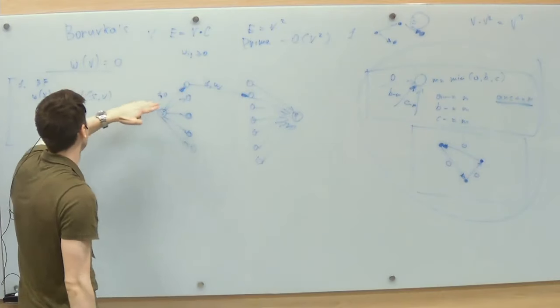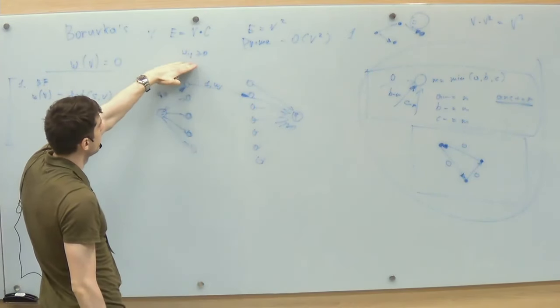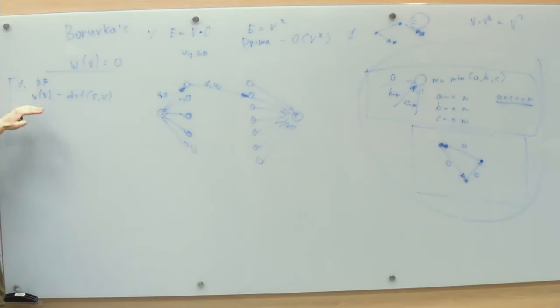If the weights are positive, we can just leave the potentials equal to zero, and if there are some negative weights, we should run the Bellman-Ford algorithm and initialize the potentials by the distances, and that's all.